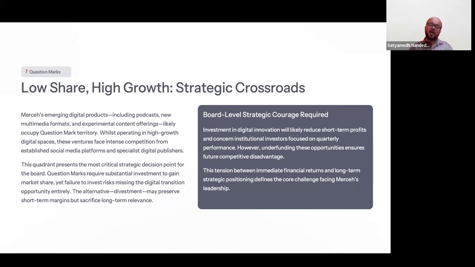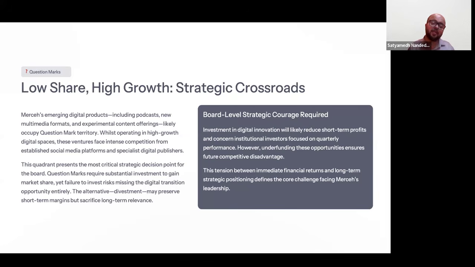Okay. Question marks are basically low share products in a high growth market. So, emerging digital products like podcasts, new multimedia formats, experimental content offerings, they come in the question mark territory. We really don't know. They probably don't even generate such a high profit.